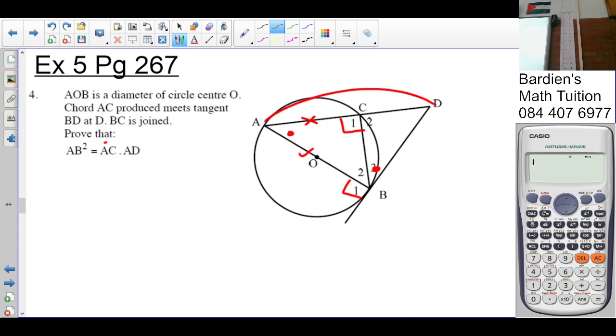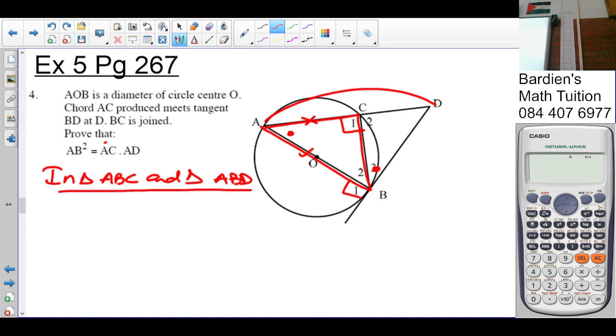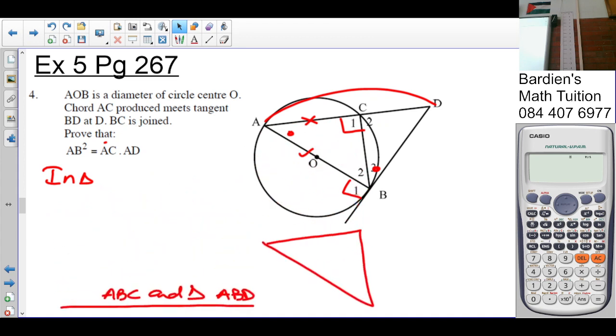You see the two triangles they're working in? Triangle ABC, which is this triangle here, and triangle ABD. They want AB twice. That's why I'm trying to make two triangles with that in it.